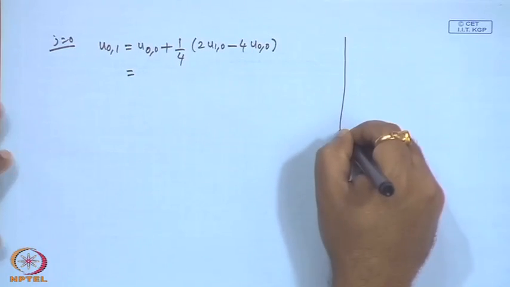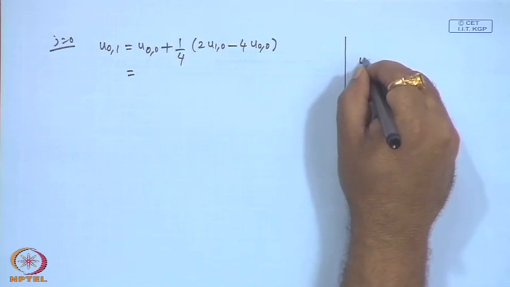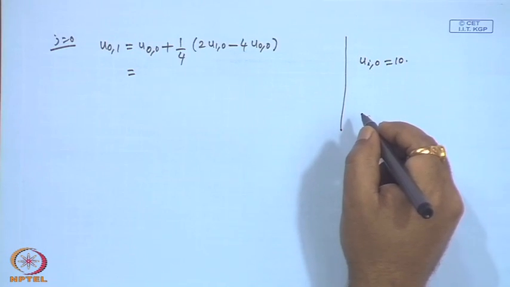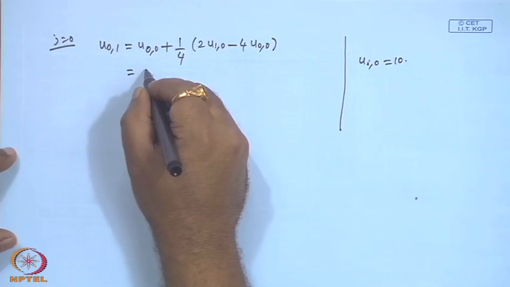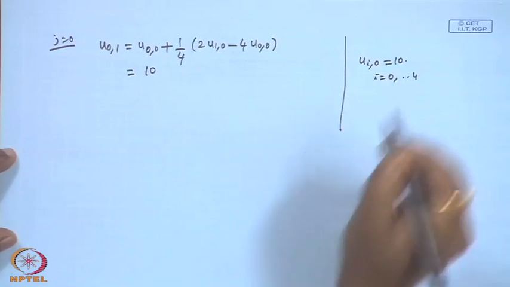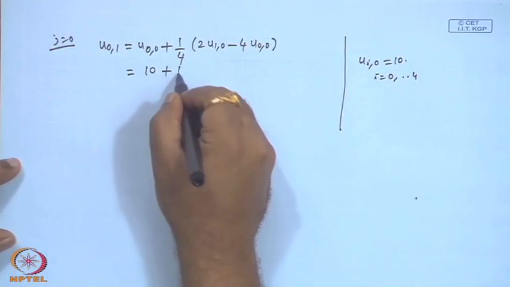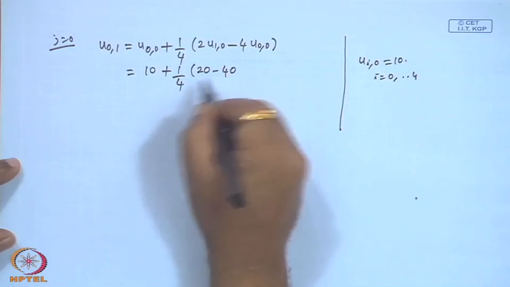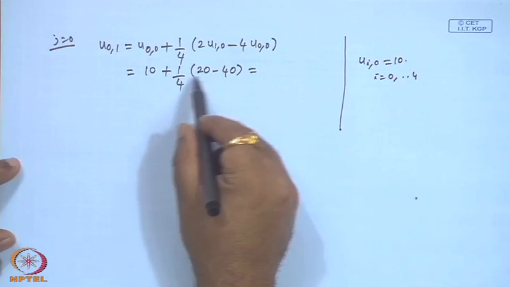Now, it would be better to write the corresponding initial and boundary conditions. We have u i 0 is 10. Okay. So, accordingly we have 10, this is valid for I 0 to 4 because endpoints are also unknowns. So, this 10, so this would be minus 20.